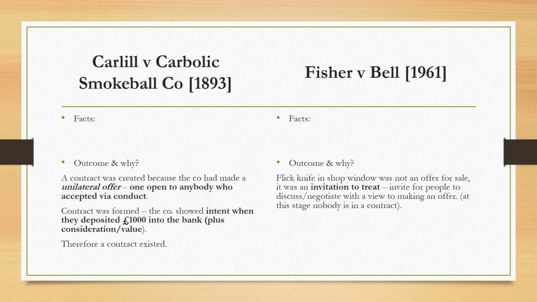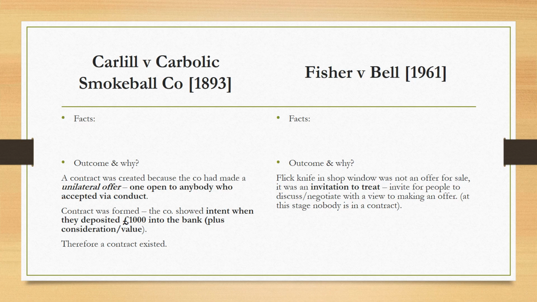So these are all very fluid, if you like. The court said that the company showed intention to create a legal agreement when they deposited the money. And of course, that money was evidence of consideration, value to the contract. That £1,000 showed their intent to be serious. So therefore, a contract existed.